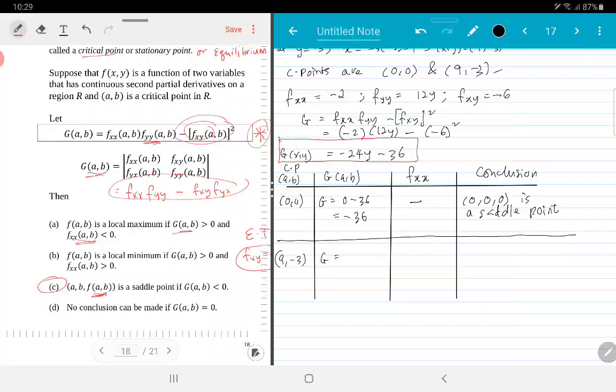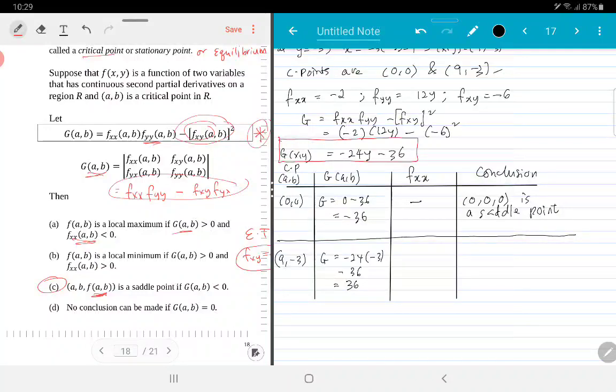G at point 9, negative 3 will give us negative 24 times y, where y here is negative 3, minus 36. So that will give us 24 times 3 minus 36, which is 36. So g here is positive.